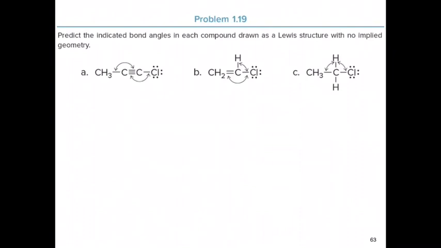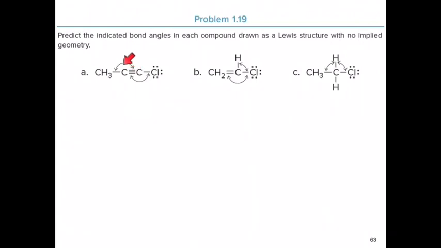So here's practice problem number 19. Predict the indicated bond angles in each compound drawn as a Lewis structure with no implied geometry. So the first one here, we have 2 carbon atoms as the central atoms. And when you look at one of them, let's say this carbon on the left, it has a single bond and a triple bond.